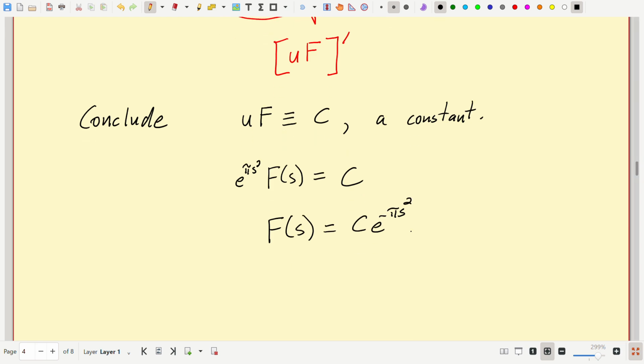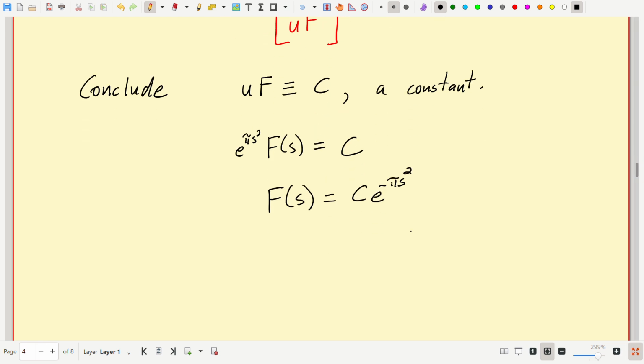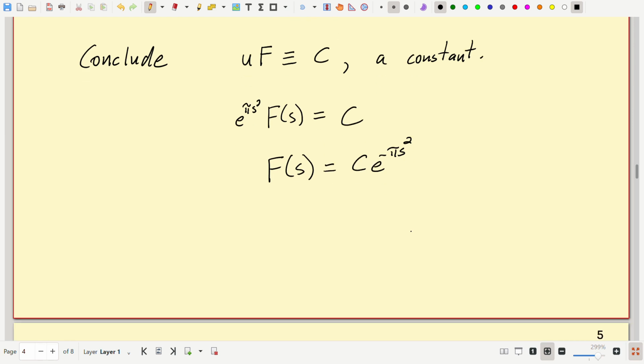And the last thing I have to do is figure out the constant. I can determine c by plugging in s equals 0.